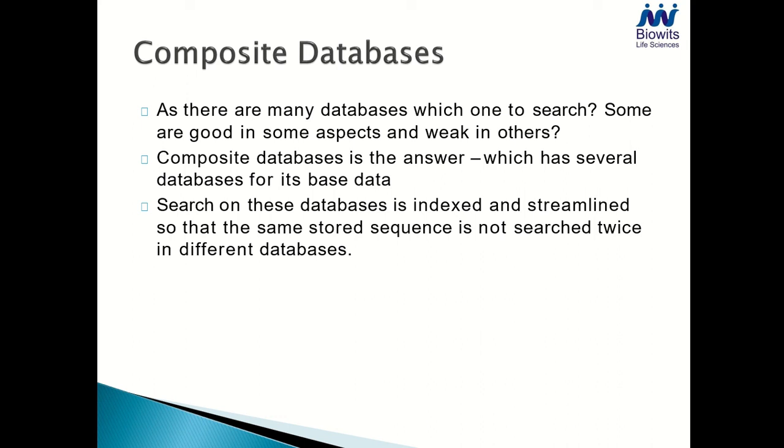Search on these databases is indexed and streamlined so that the same stored sequence is not searched twice in different databases. Ayan, para masigurado na hindi umuulit-ulit, no? So this data banking system is said to be critical in terms of indexing and streamlining, no?